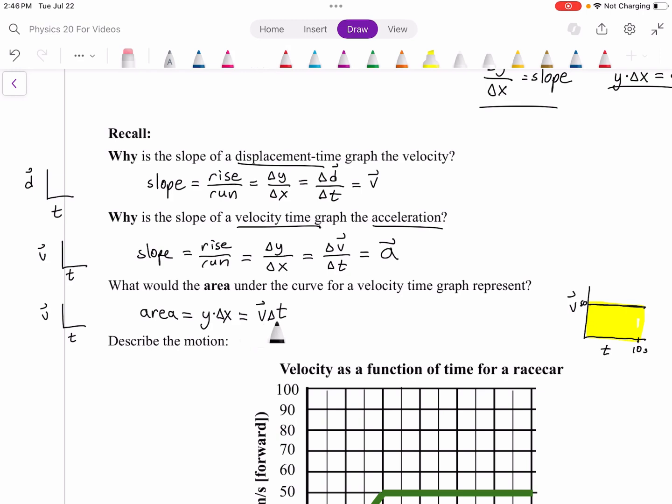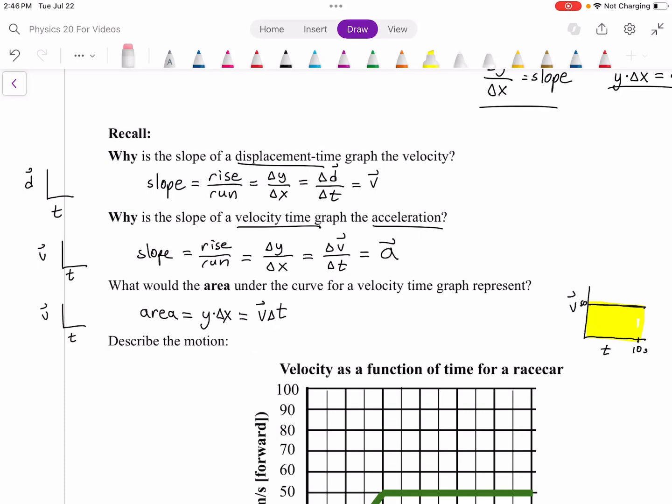And there's a few ways we can approach this. One way is to think about it. We're taking how fast it was going each second and multiplying it by how many seconds it was doing that for, right? What is that going to give us? We could also look at the units, meters per second times seconds, right? That gives us meters, so we can see this is talking about a displacement, right?